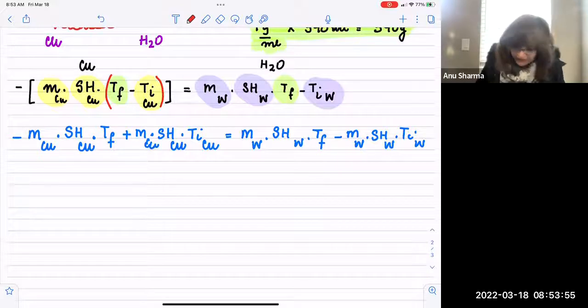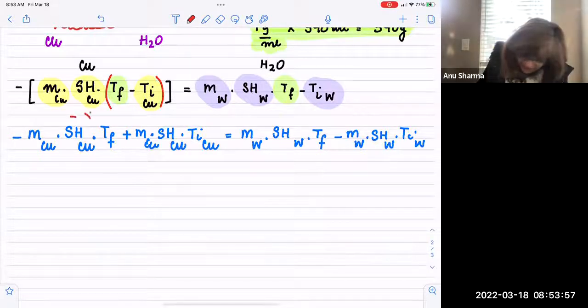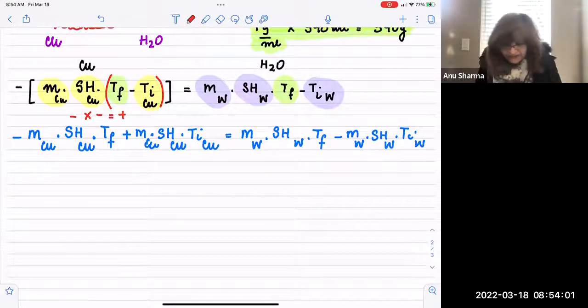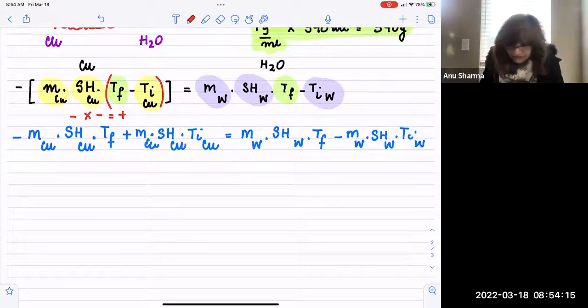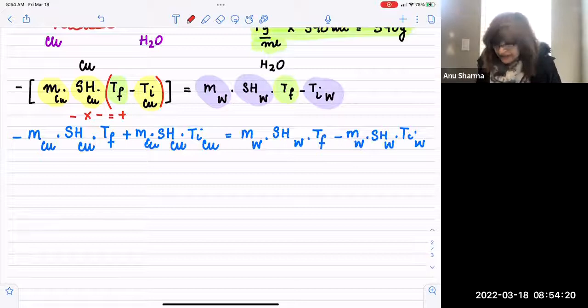Now negative multiplied by negative is equal to positive. So the next thing is this negative mass of copper times the specific heat of copper times negative Ti becomes a positive. So that gives you m.SH.dT. So now you have split this whole thing, and in this way the units cancel out.